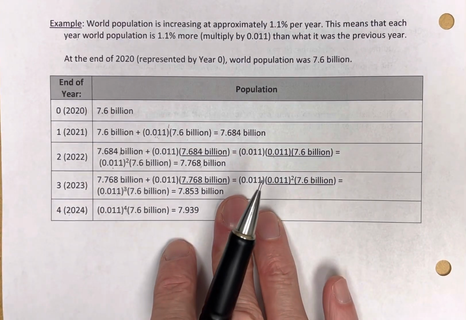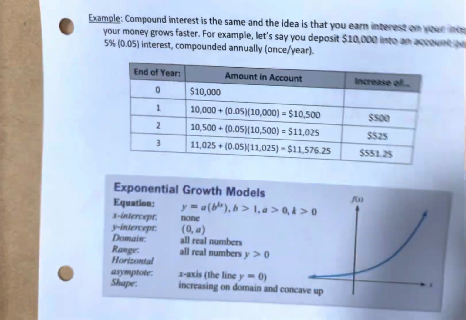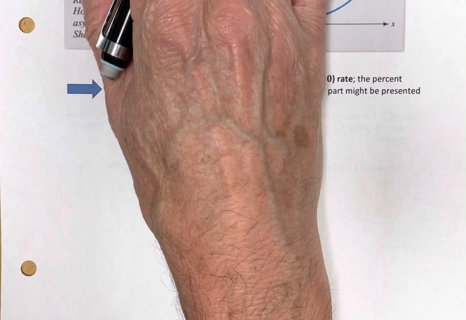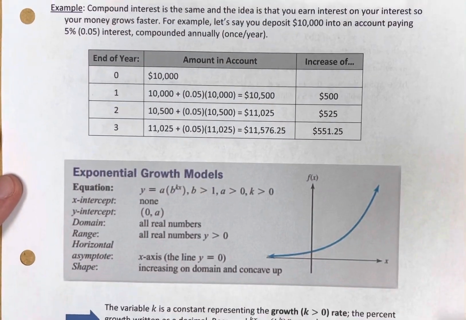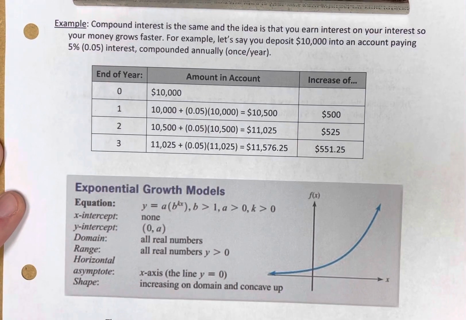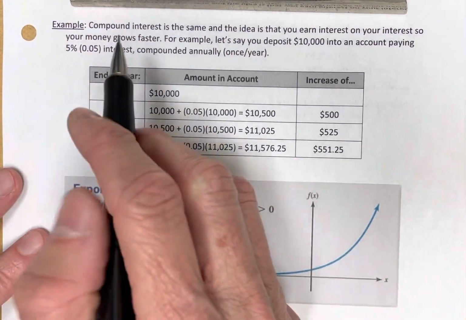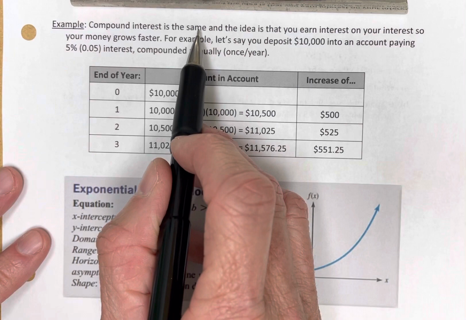Okay, let's take a look at a money example. Give me just a moment here. I'm going to show you a slightly different way to look at how this growth takes place. Compound interest is the same idea.